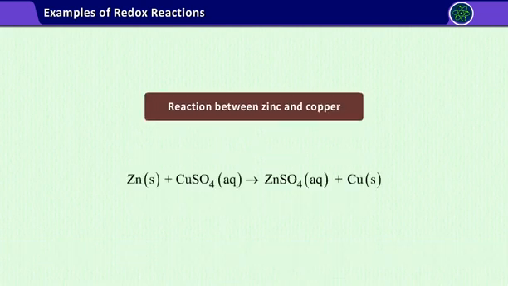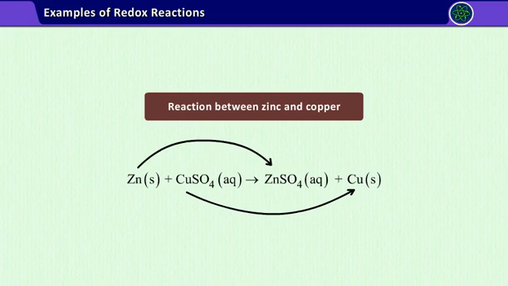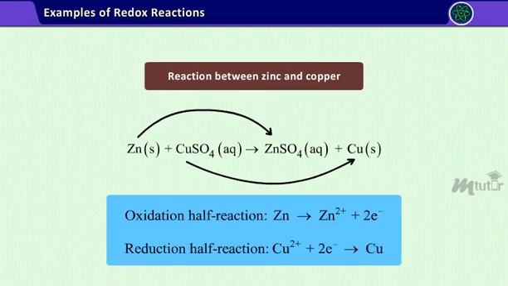Next reaction is a type of metal displacement reaction, in which copper metal is obtained, when zinc displaces the Cu2+ ions, in the copper sulfate solution as shown. And, the oxidation half reaction, and the reduction half reaction are given here.